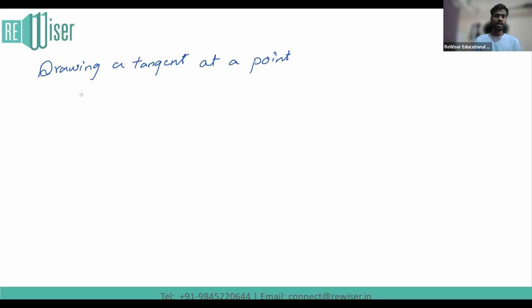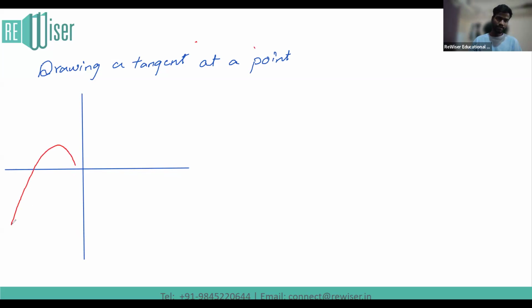Suppose you have a certain graph, something like this, let's say this is the x and y axis, and the graph goes something like this. At a particular point, let's say at this point, I'm interested in drawing a tangent. So the tangent would look something like this. This green line is the tangent, which touches the curve at exactly one point.